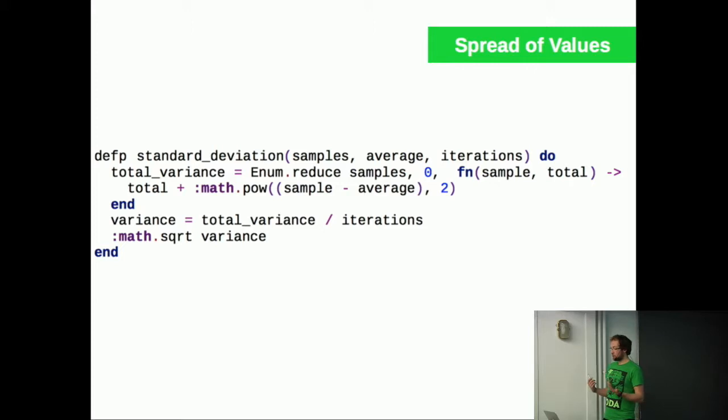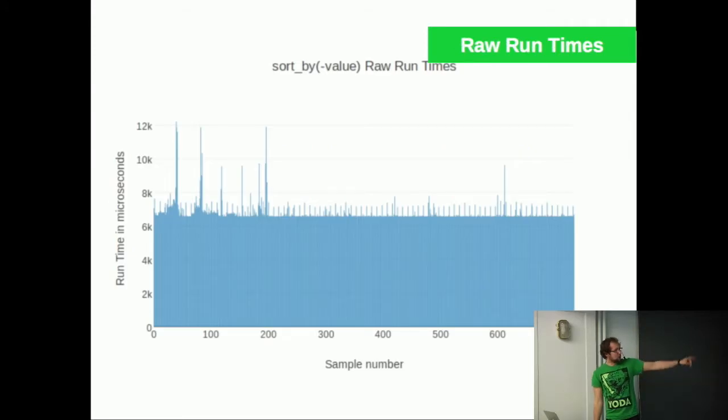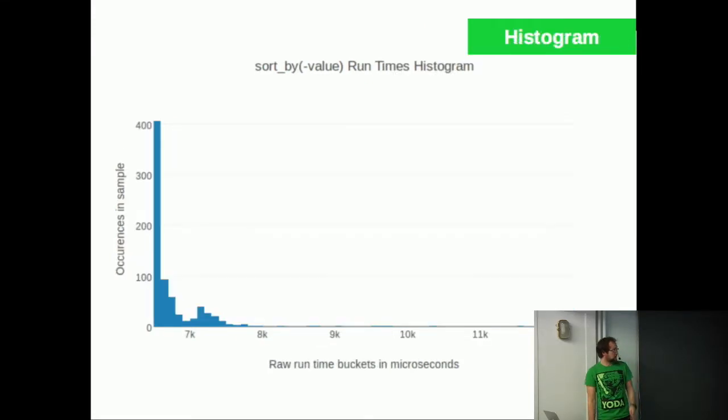And what is the standard deviation? It's a measure of the spread of values. It's what you saw both in benchmark IPS and in Benchy when it said plus minus this many percent. And as you can see, there are all these spikes in the raw runtimes, which is the spread of the values. Here's another graph I draw in Benchy, which is a histogram, which basically takes the runtimes and puts them into runtime buckets.